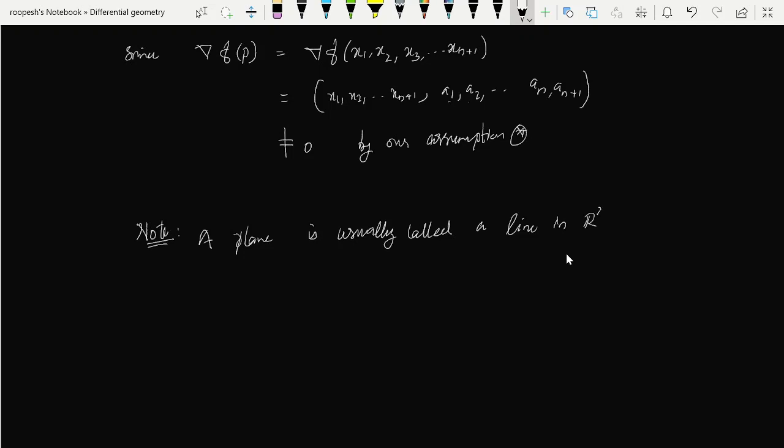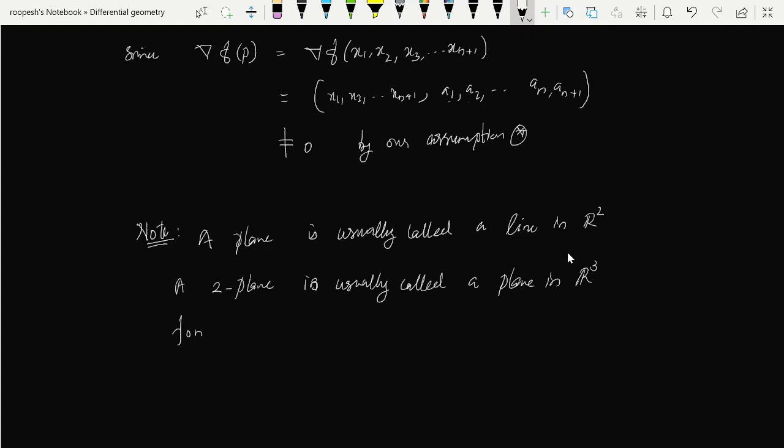A 2-plane in R^3 is usually called, what is it usually called? It's simply a plane, right? A plane in R^3.